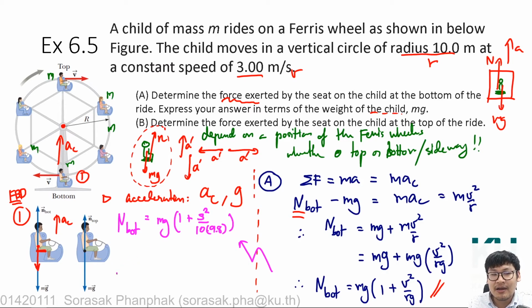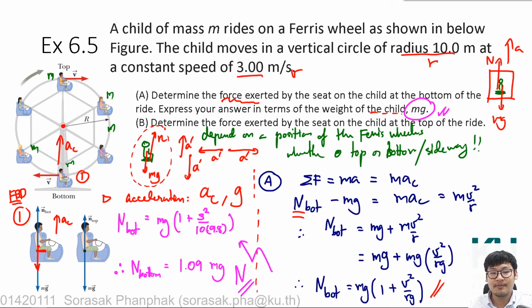That is how you get the exerted force at the bottom, which is 1.09 mg in terms of newtons. mg is not milligram, but mg is the mass multiplied by gravity, because it would like you to answer in terms of mg here. And if you would like to determine, in the next step, the force on the seat of this kid at the top of the Ferris wheel, how can you find it? So let's have a look here.